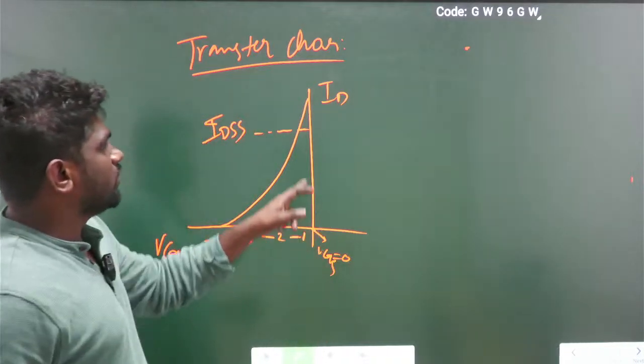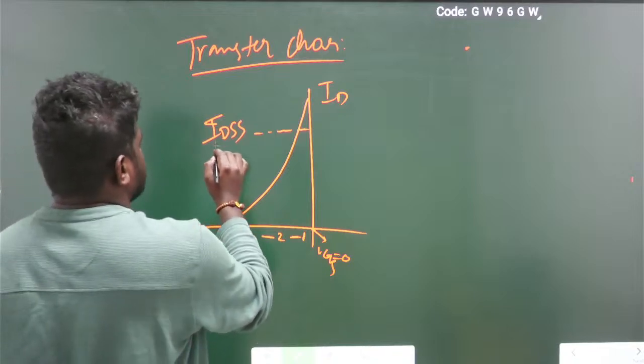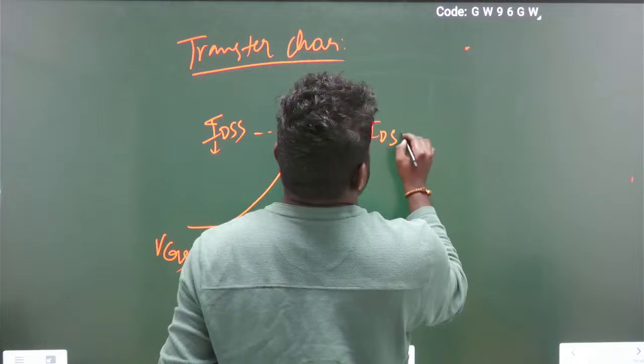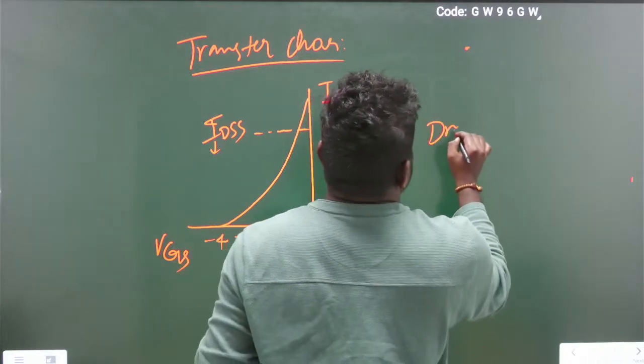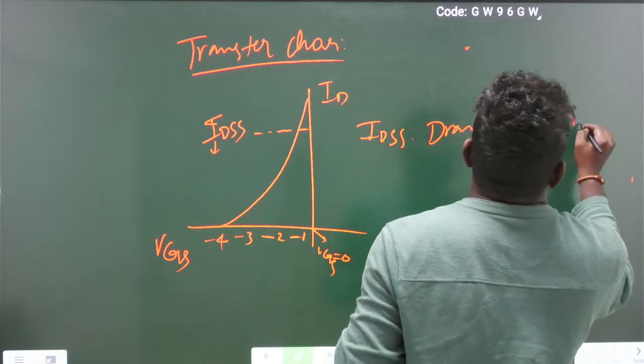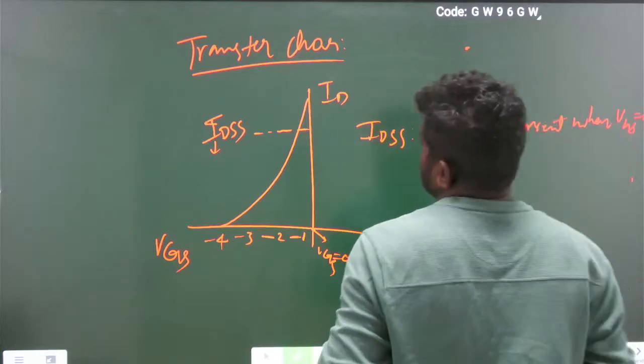So when VGS equals 0, there is a current called IDSS. IDSS is the drain current when VGS is 0.